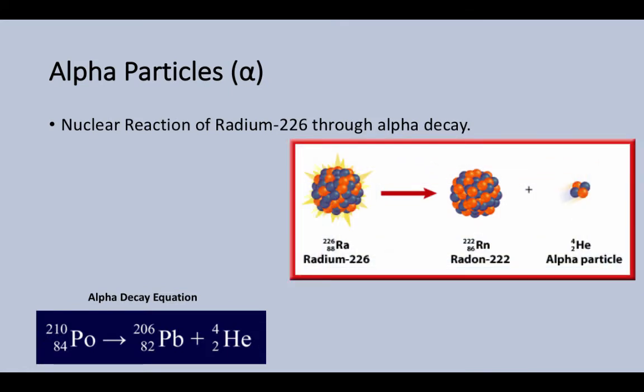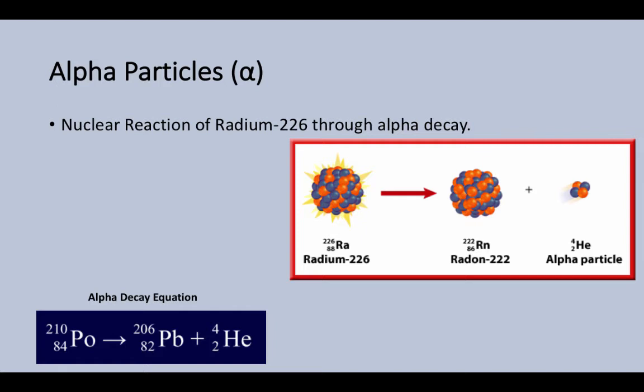Revisiting the alpha particle, here's an example of an alpha reaction. It's a nuclear reaction of radium-226, which is the mass number of that radium isotope, and it undergoes alpha decay. When radium-226 undergoes alpha decay, it's going to eject 2 neutrons and 2 protons from its nucleus to become more stable.